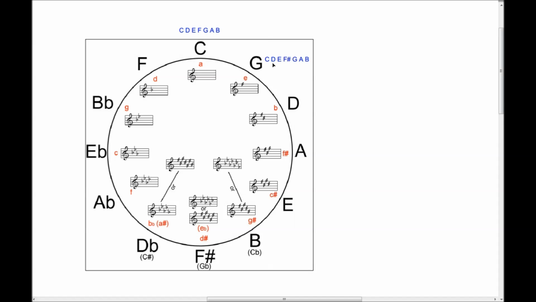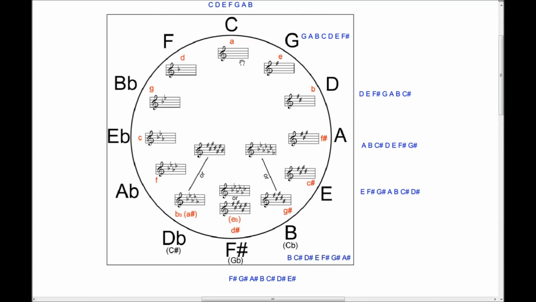So the fifth note is the D. G is the first, A is the second, B is the third, C is the fourth, D is the fifth. So that's where we get our name for the D major scale. So if we travel around the circle of fifths, every fifth note is the one from the scale before it.